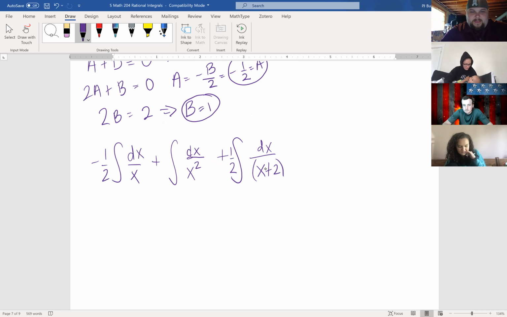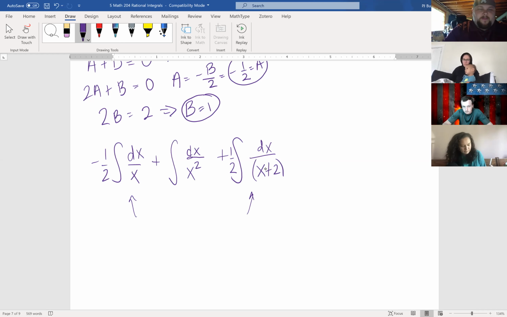So each one of these are fairly simple. This one and this one, hopefully you can identify as natural logs fairly quickly. The one in the middle is not. People want to just assume that all of them are always natural logs because most of them are.